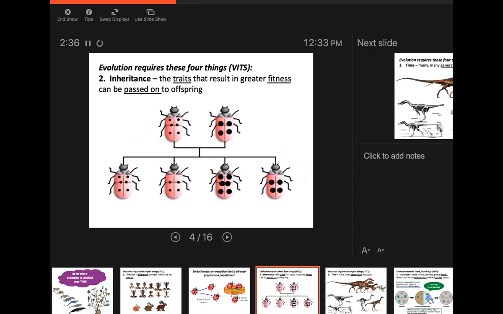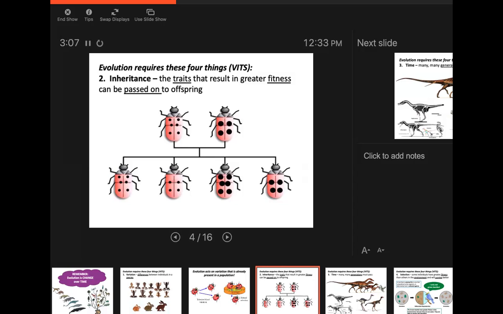The second of the 4 things that evolution requires is inheritance. Okay, so inheritance are the traits that result in greater fitness that can be passed on to the offspring. Because remember we said, does everyone survive? No. Okay, the ones that are best adapted or suited for their environment are the ones that will survive and reproduce.